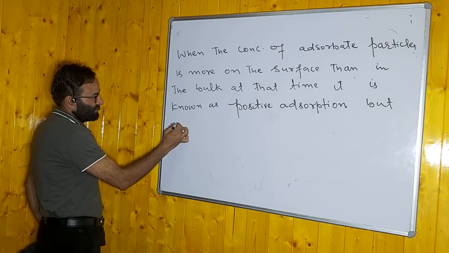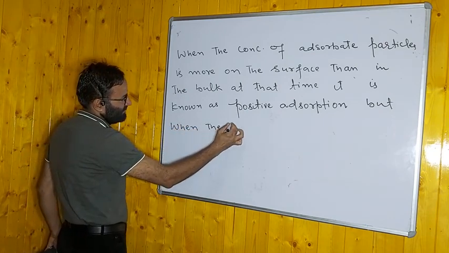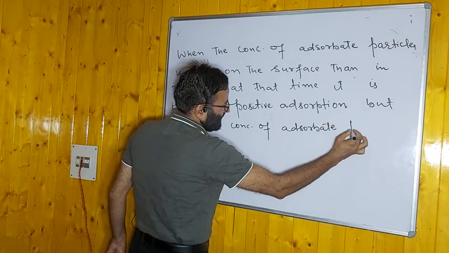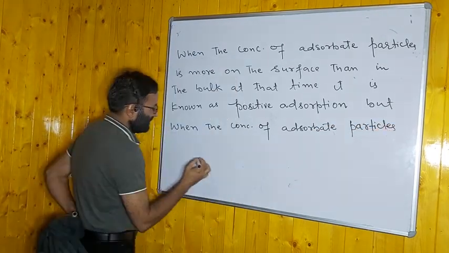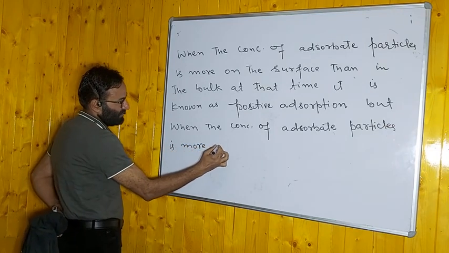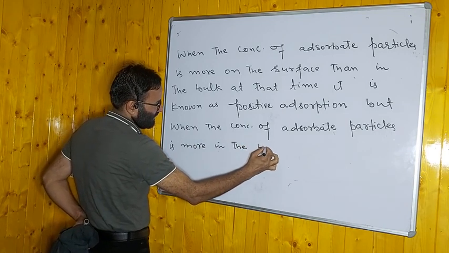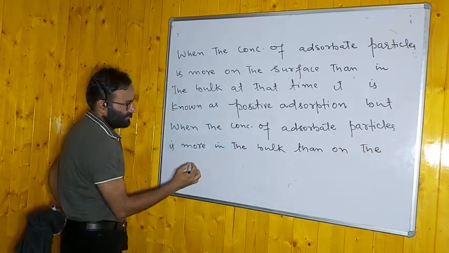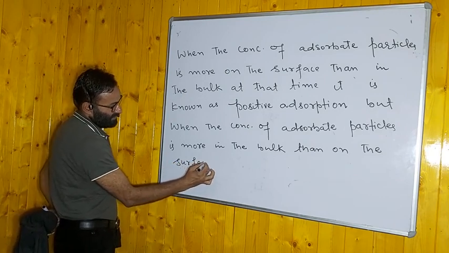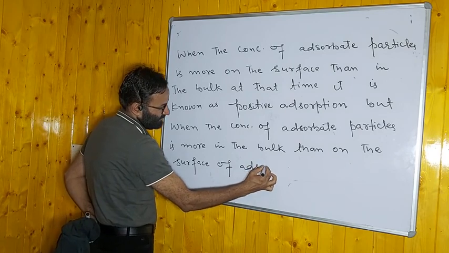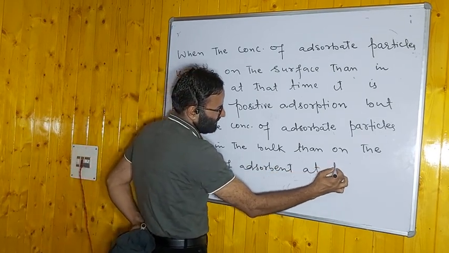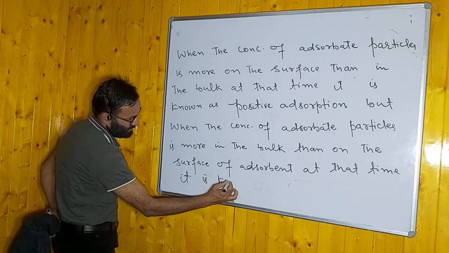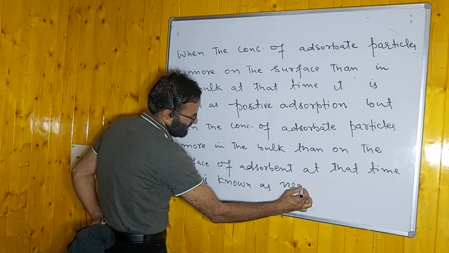But when the reverse thing happens, when the concentration of adsorbate particles is more in the bulk than on the surface of the adsorbent, at that time it is known as negative adsorption.